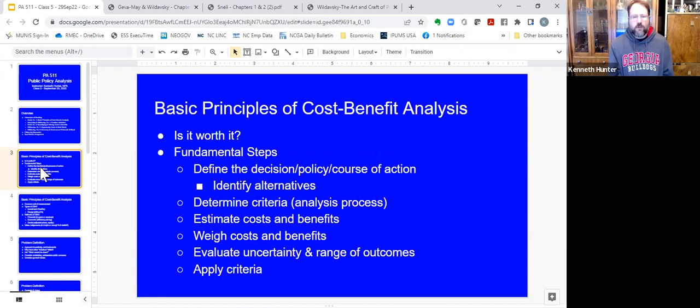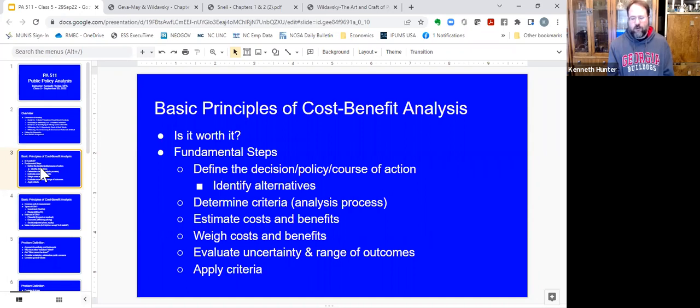You have to take into consideration that the value of those benefits is potentially greater than the value of benefits to the general population. And so you have to weigh those benefits, because that's the intent of the policy. That's the intent of the plan of action. So these are things that you have to take into consideration.